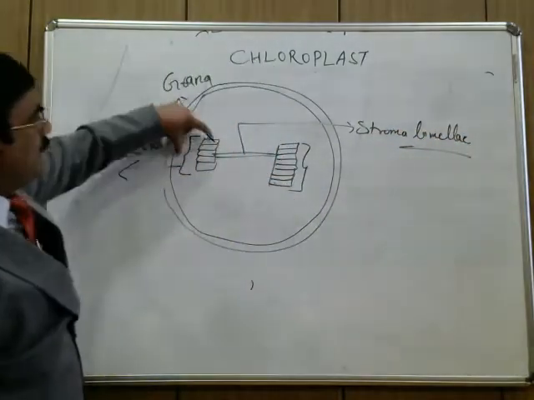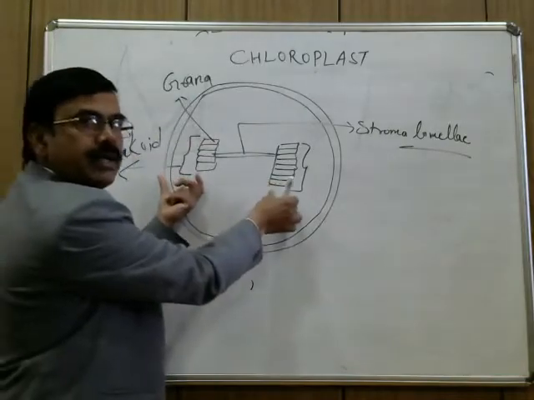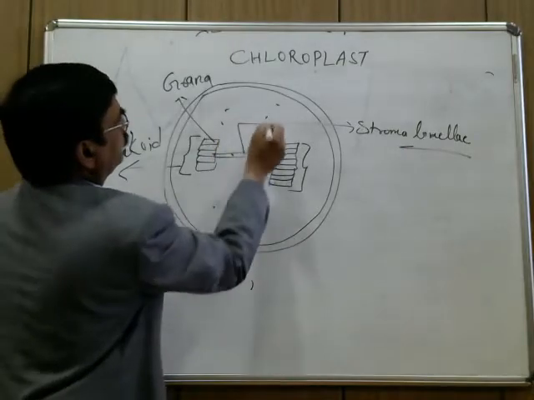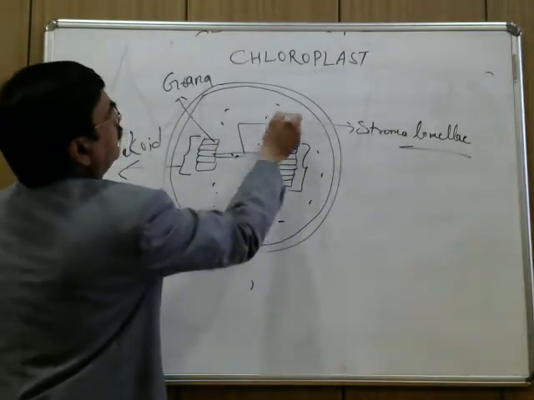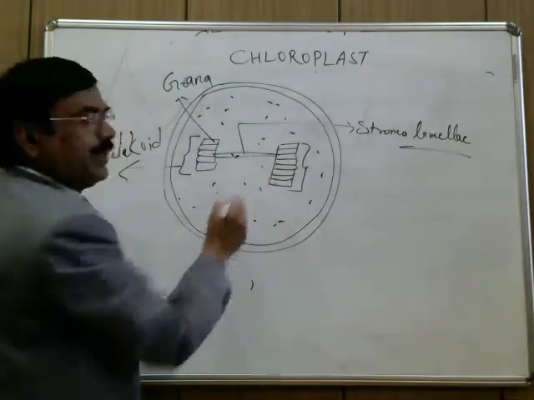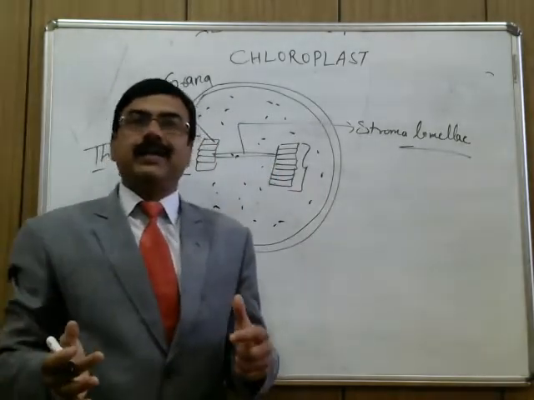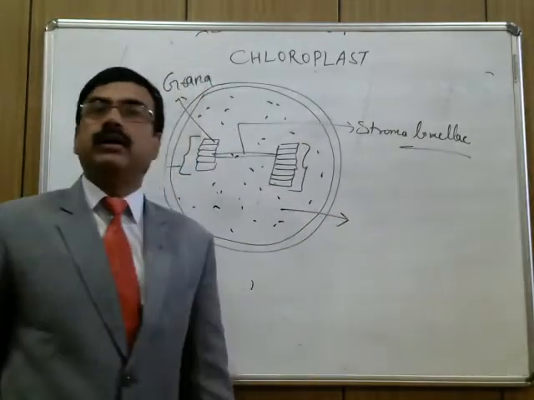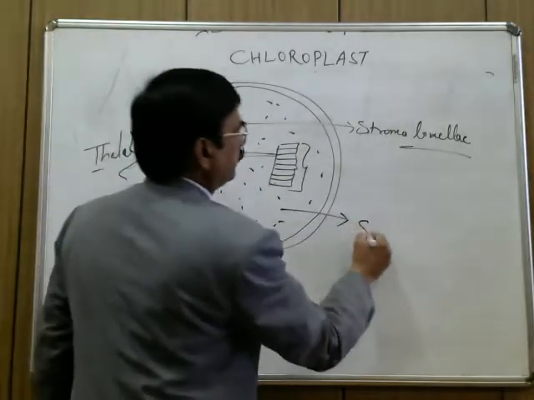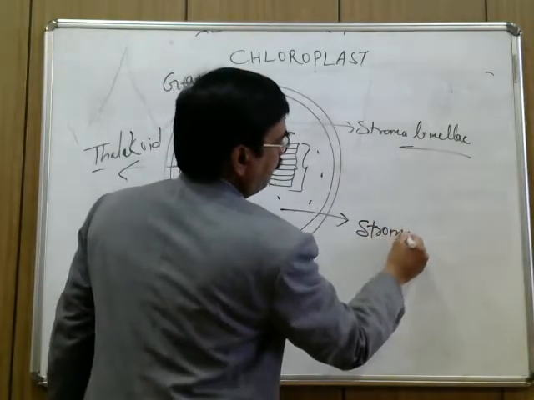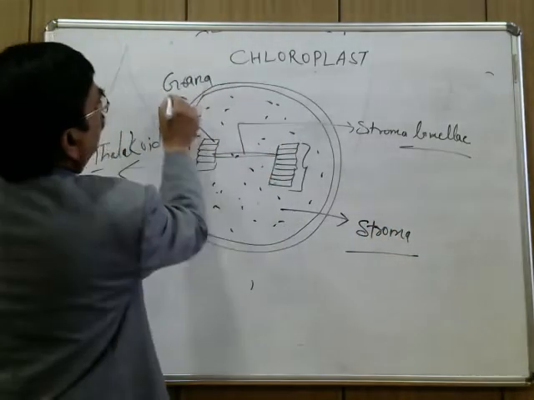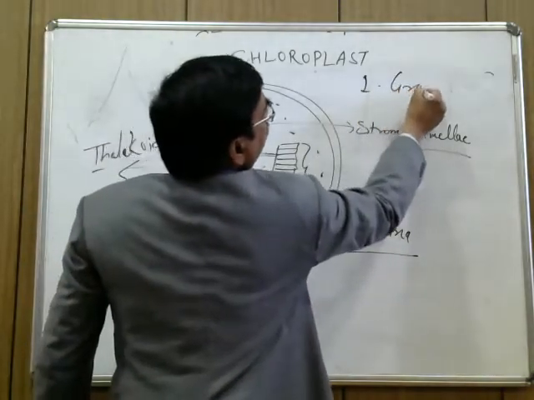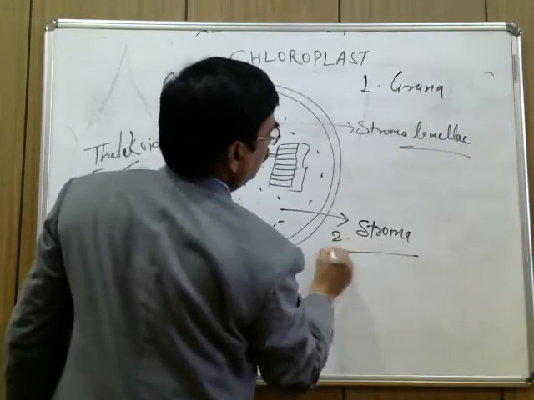So one thylakoid, two thylakoids are connected with stroma lamellae. The entire chloroplast is filled with liquid, and this is called stroma. Now come to the grana, number 1, and number 2, stroma.